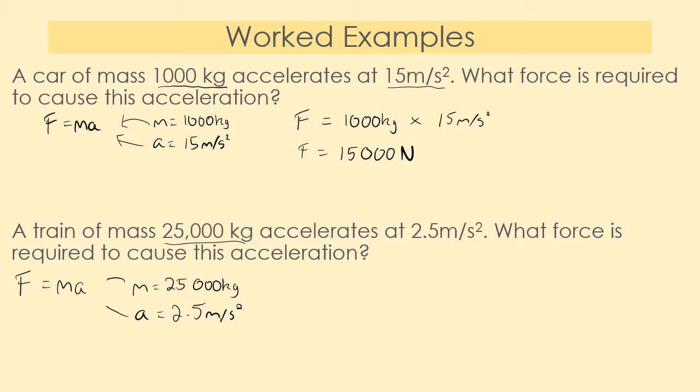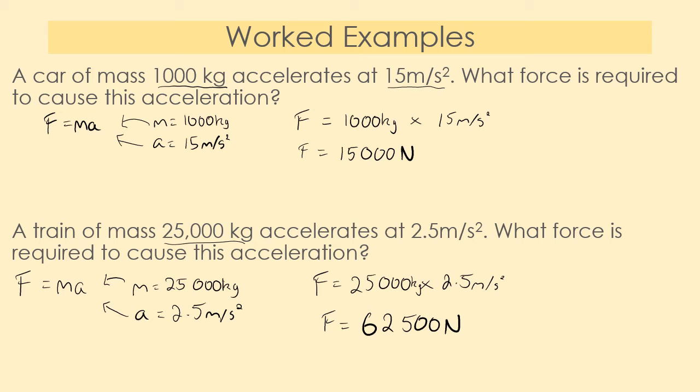I'm going to insert these into my formula. Force is equal to my mass, 25,000, times by my acceleration, 2.5 meters per second squared. I'm going to do that on my calculator, because I can't do that in my head. I don't expect you to be able to do it in your head. 25,000 multiplied by 2.5 gives us 62,500 newtons.